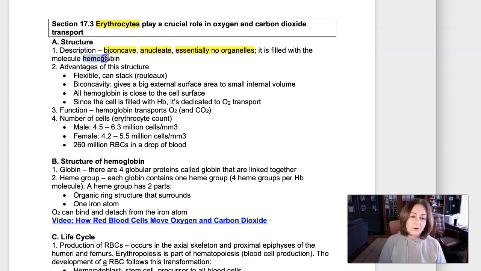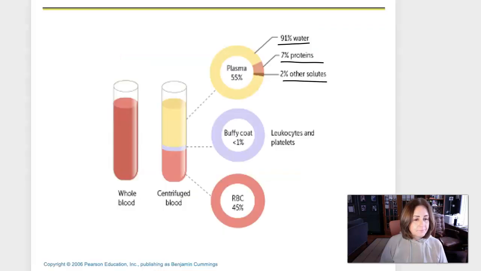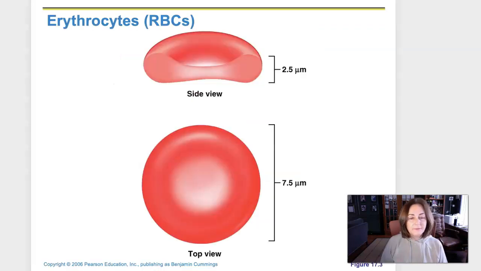And so oxygen, when it's inside of the red blood cell, what it does is it binds to this molecule called hemoglobin. So let me switch over to a picture of red blood cells. And this is a diagram from our book, which is showing the biconcave disc shape. So all that means is that there's an indentation, like a central indentation on both sides.